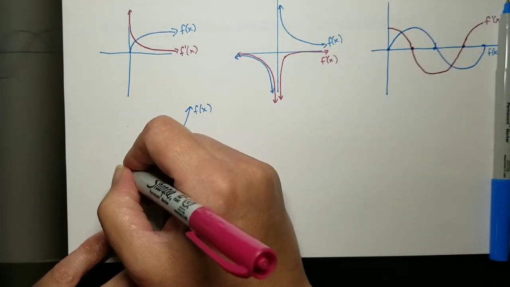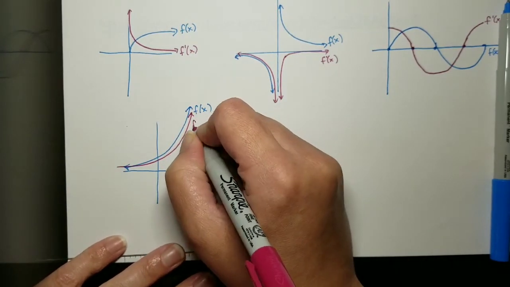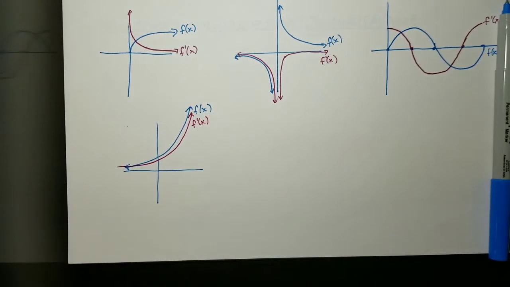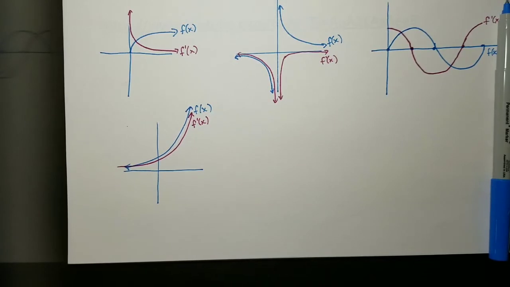So that kind of looks like the graph of an exponential function itself, right? If we thought about what the derivative might be doing, it looks similar to the actual function. And it's not exactly the same normally, except for one particular special case. And that's what we're going to look at in the next part.